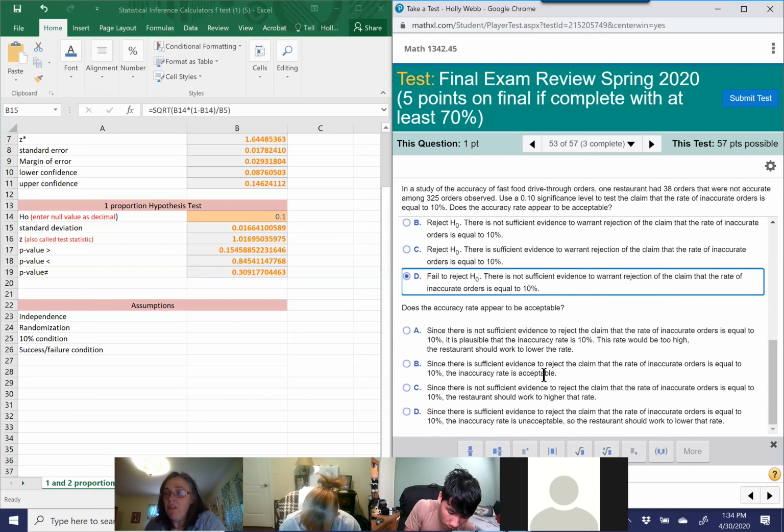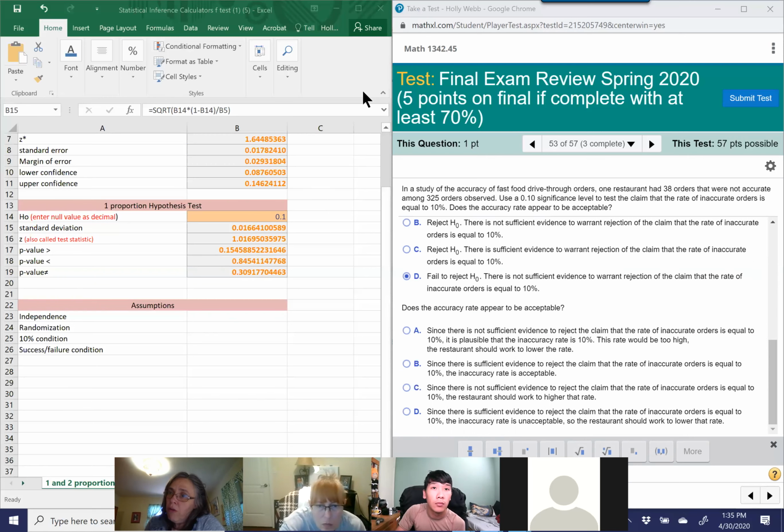Now it takes us down to street level and asks, if there's evidence to suggest that 10% of the restaurant's orders are inaccurate, is this acceptable? What do you guys think? Yes or no? Is 10% inaccurate orders acceptable for a restaurant? I don't think so either. So I'm not going to pick D. C says, since there is not sufficient evidence to reject the claim that the rate of inaccurate orders is equal to 10%, the restaurant should work to raise the rate.